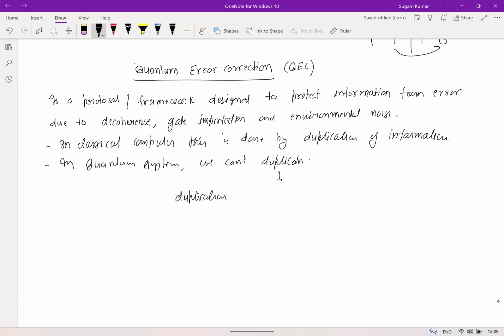Duplication leads to wave function collapse. That's why in the quantum system you cannot make a carbon copy. The information is stored, that's all. You cannot duplicate it. In quantum mechanics you can prove this; it is called the no cloning theorem.